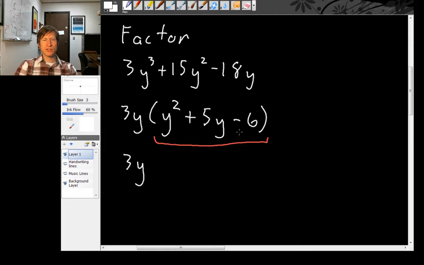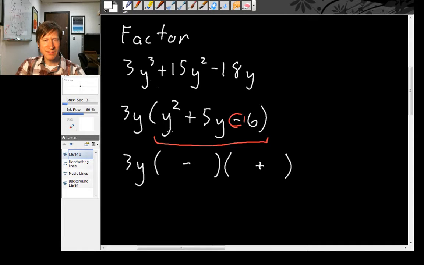So now we need to factor y squared plus 5y minus 6. I like to do the guess method myself, so let's see. I'm going to need a plus and a minus because I have a minus sign right here next to my constant. So I need a minus here, I need a plus here.